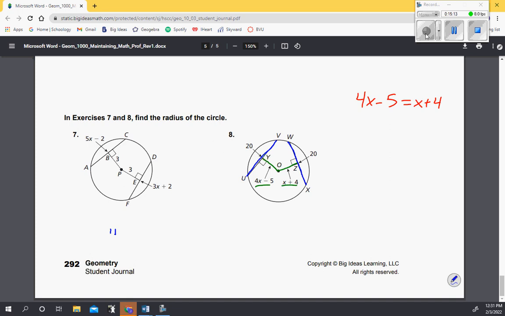And we're going to subtract x from both sides. Gets rid of it here. We're going to add 5 to both sides. So we get 3x is equal to 9. Another step, just divide by 3. So we get x is equal to 3.